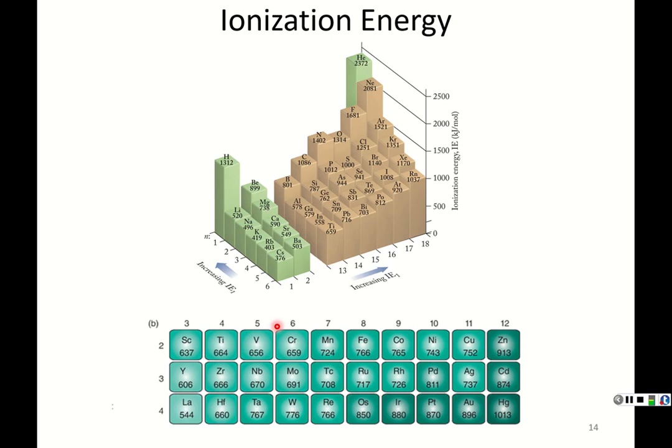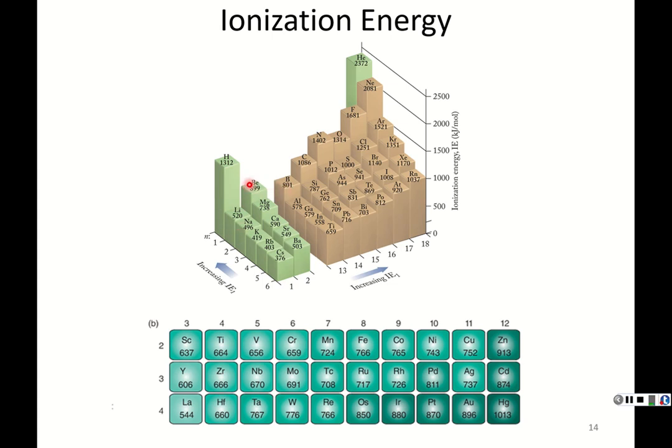Ionization energy. In general, ionization energy gets higher as you go from left to right, and in general as you go up a group. But if we walk through the second row, there are certain places where there's a step down.